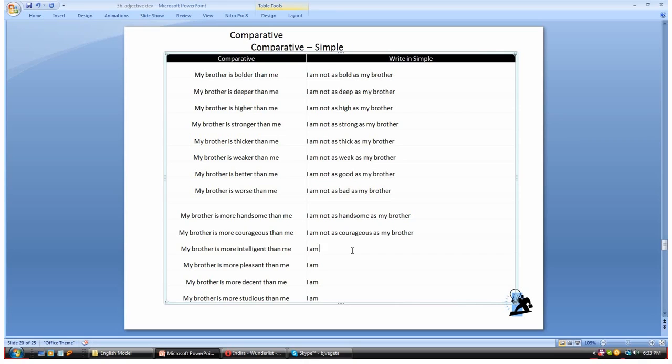My brother is more intelligent than me. I am not as intelligent as my brother. My brother is more pleasant than me.